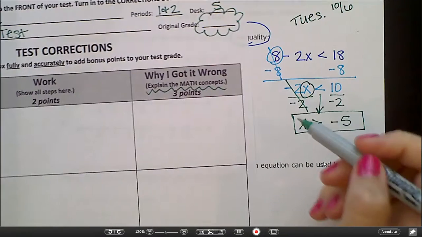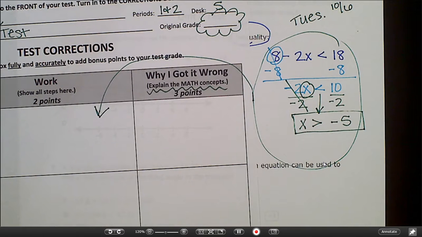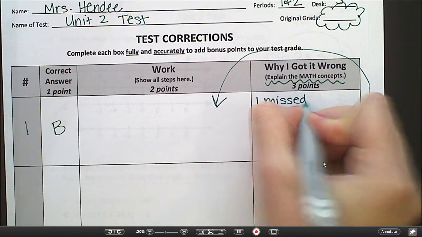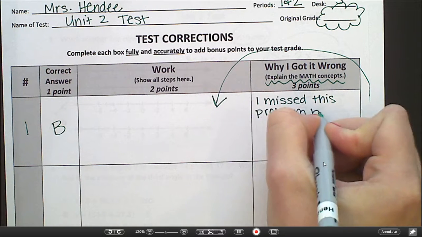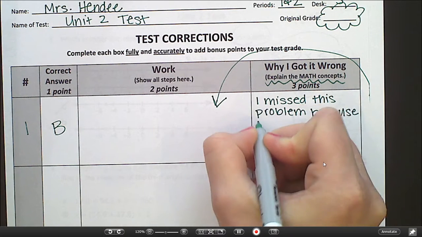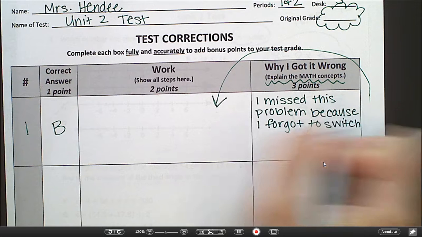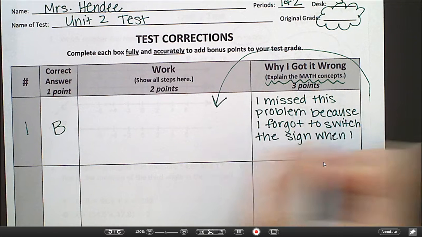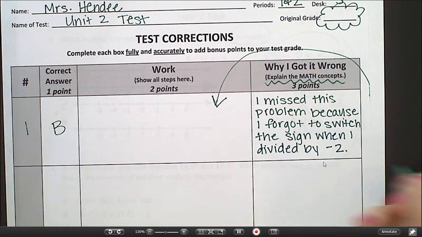All of this work over here that I've drawn in this section, you should have in your workbox. And then why you got it wrong. For example, I might say, I missed this problem because I forgot to switch the sign when I divided by -2.